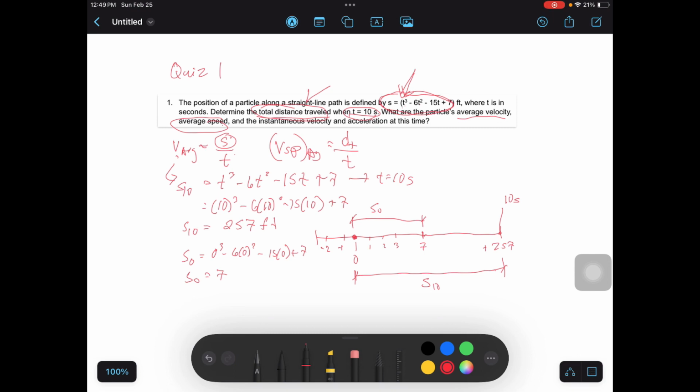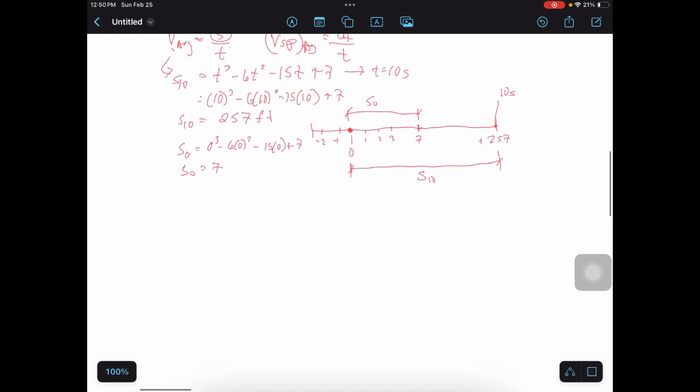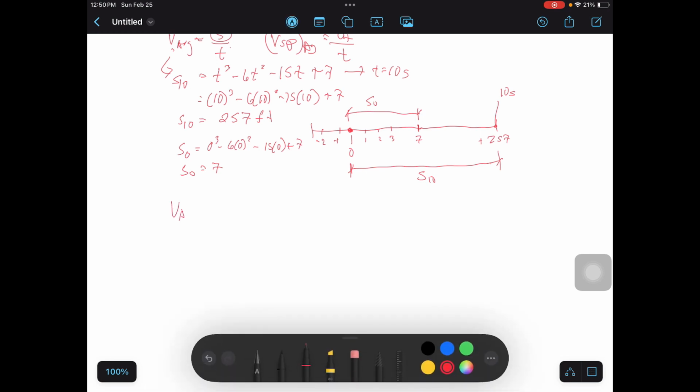Ibig sabihin, average velocity, yung displacement mo is S10 minus S0 over time. So this is 257 minus 7 over 10 seconds. 250 over 10. It's 25 feet per second.